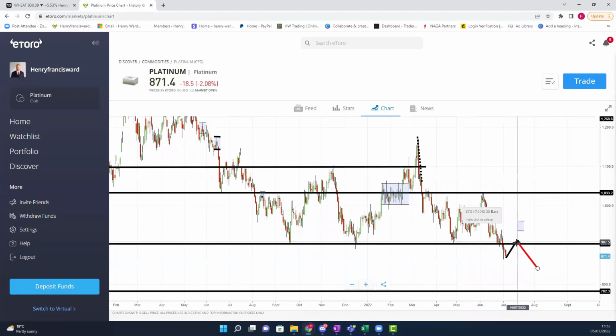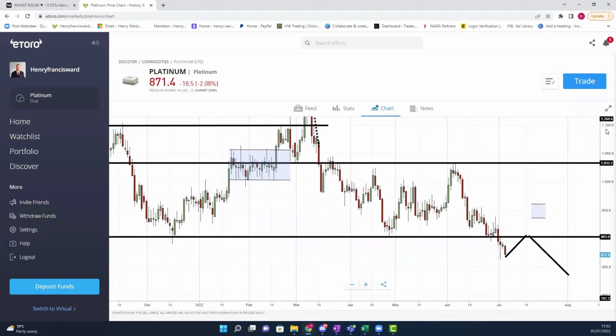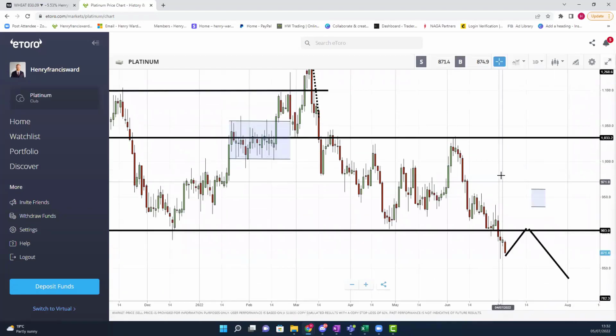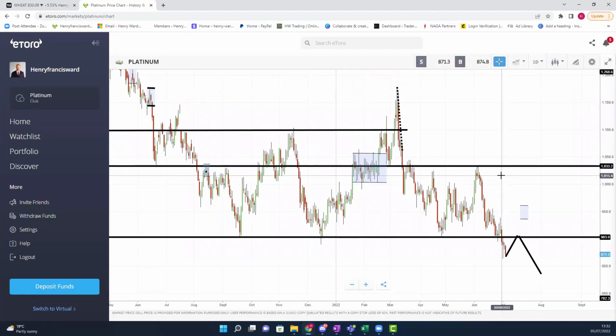We have copper drop in, we have gold drop in, we have silver drop in, and no coincidence then if the likes of this decided to drop as well. But we got a pullback here. Let's see what happens on the likes of this.